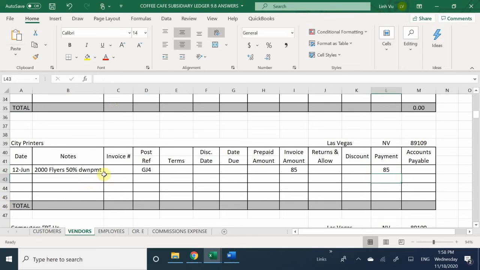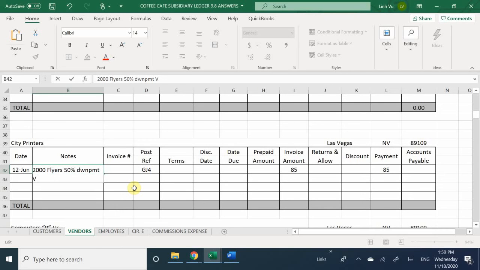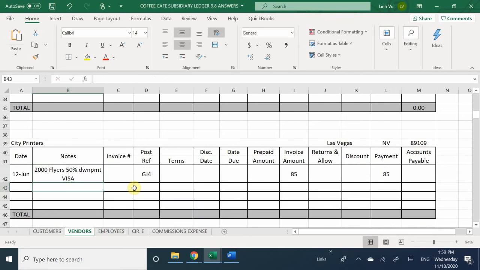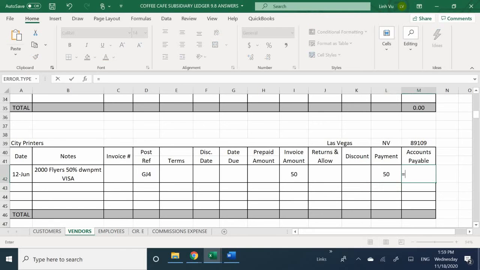Oh, that's something that you could add to. Wait, no, it's 50. We're on the 50, not the 85. That was the new journal. Thank you. So let me write Visa. So yes, okay, sorry about that. Thank you. So 50, and I made a payment of 50. So therefore, right now, I owe City Printers nothing.